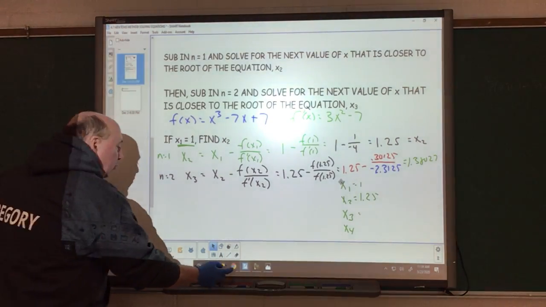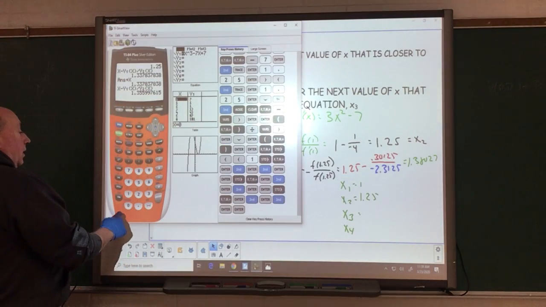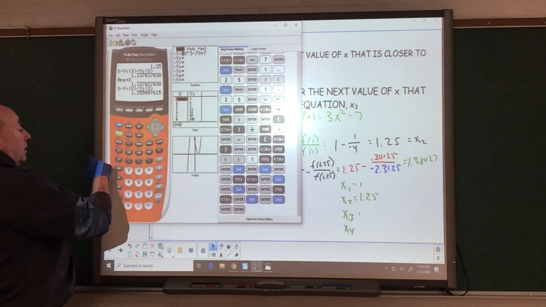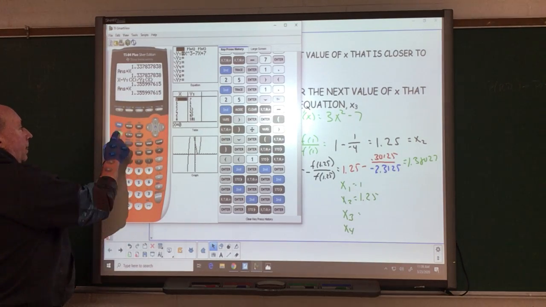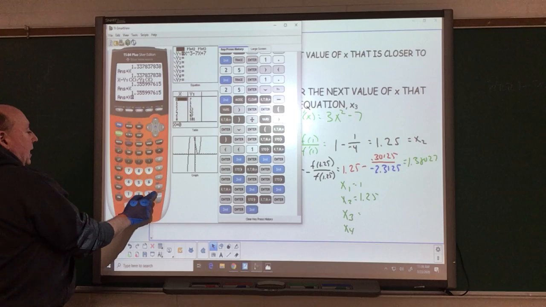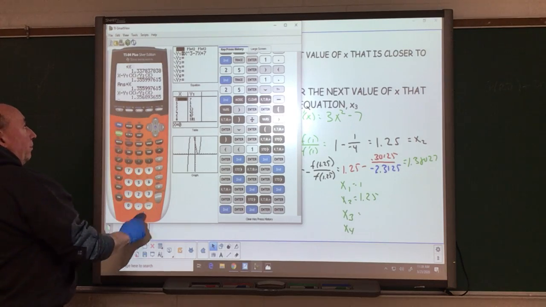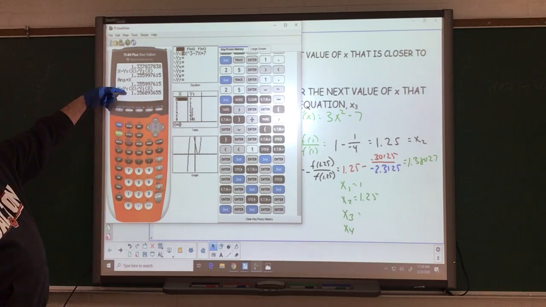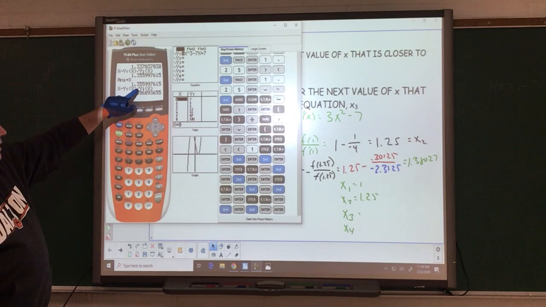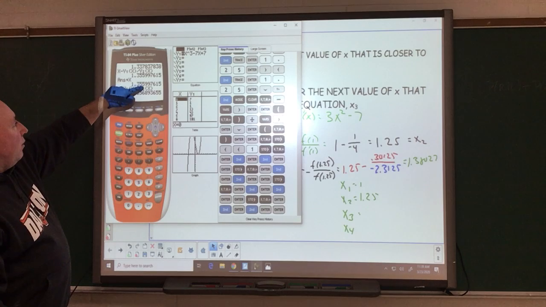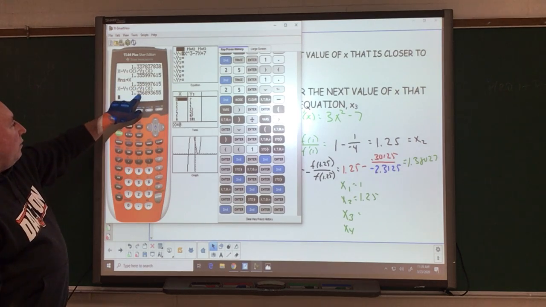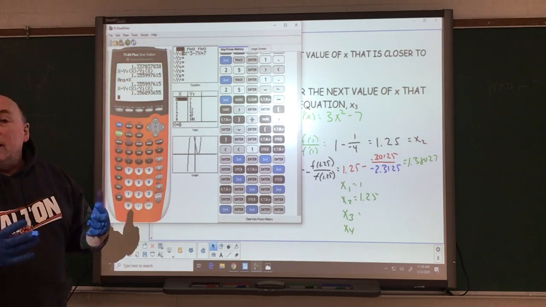So if we continue through this, I want to store it to X, then second entry, pulls my function down. I get 1.356. As you can see, I'm starting to get closer and closer to it. Here's 33599, here's 3568. So we're getting close to repeat.